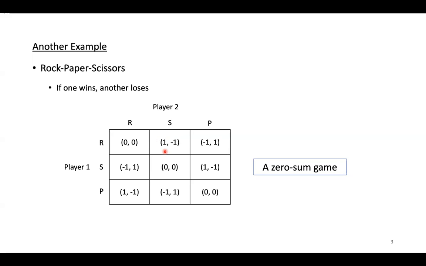Technically, the definition of a zero-sum game is that you add the payoffs of the players, and if you get 0, that's a zero-sum game. So simple, right? The idea is that one wins only if the other loses. That is the whole idea of a zero-sum game, which means if one is trying to maximize his payoff, he is implicitly minimizing the payoff of the other player.